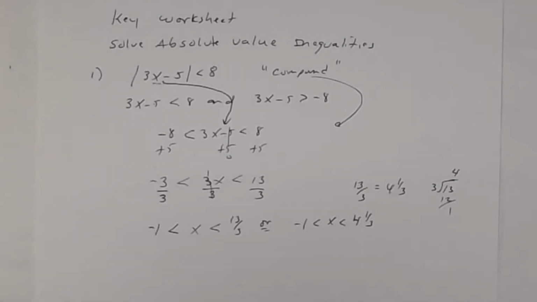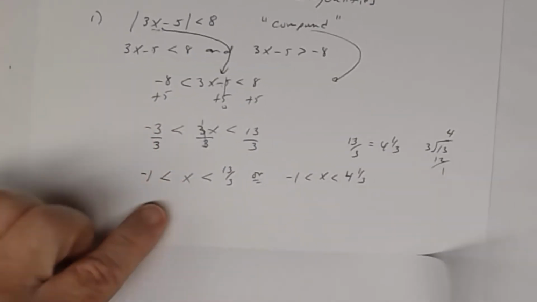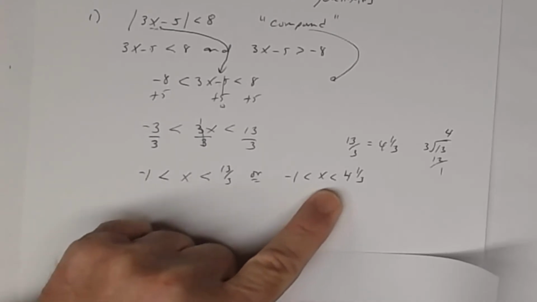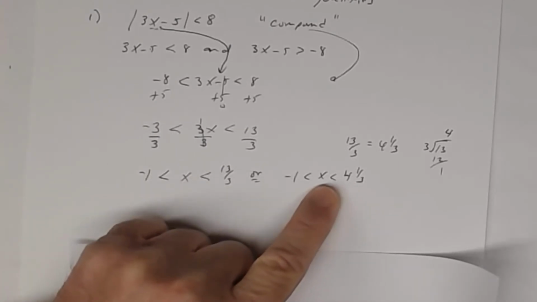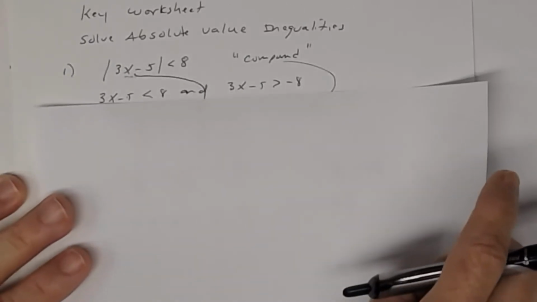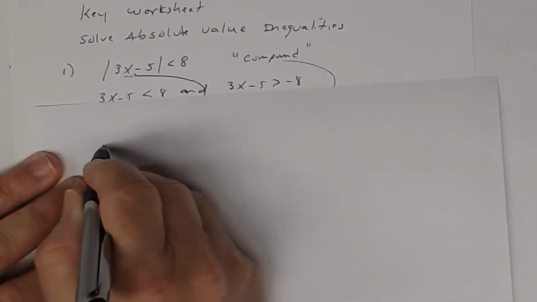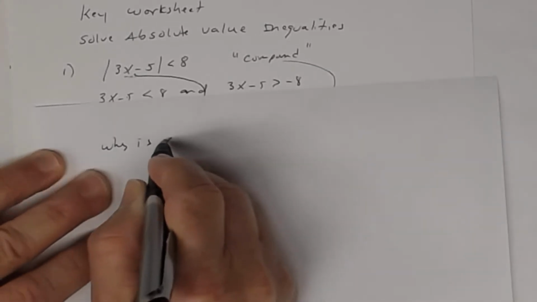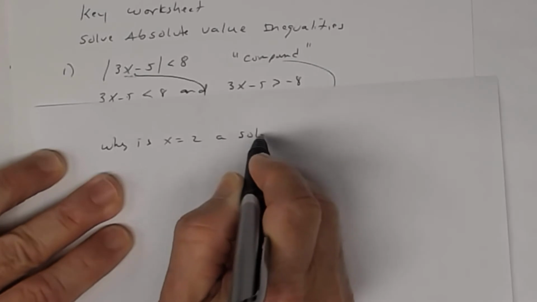So for example, if you pick a number in here, let's use this since that's a mixed number. So let's say 2. 2's in here, right? So let's see why 2 works. Why is x equal to 2 a solution?